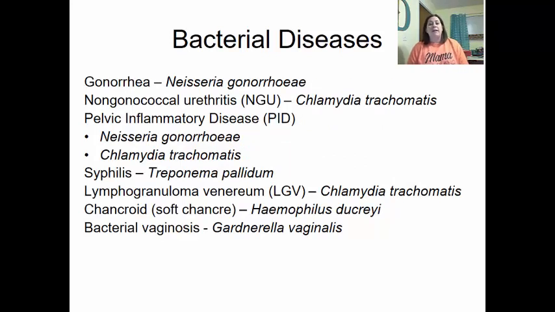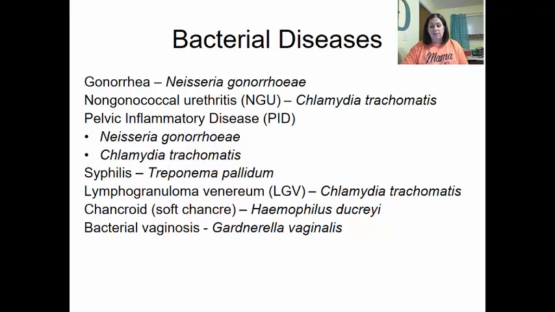When we look at the bacterial diseases, we see that the first one is gonorrhea, which is caused by Neisseria gonorrhoeae. We also have non-gonococcal urethritis, or NGU. This is caused by Chlamydia trachomatis. We also see pelvic inflammatory disease, or PID, which is caused by the two above bacteria just discussed.